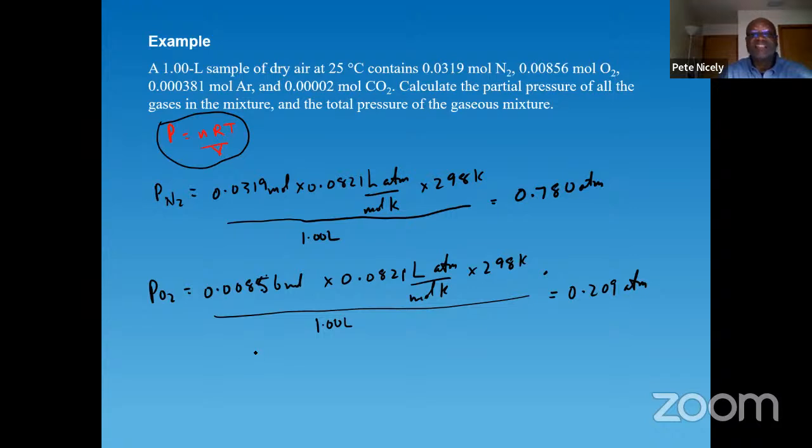And then we do a similar calculation for argon. So the partial pressure of argon would be equal to 0.000381 moles times 0.0821 liters atmospheres over mole Kelvin times 298 Kelvin, all divided by 1.00.